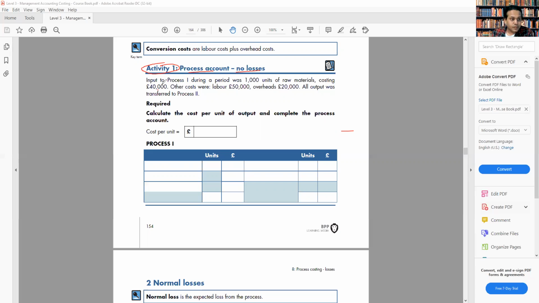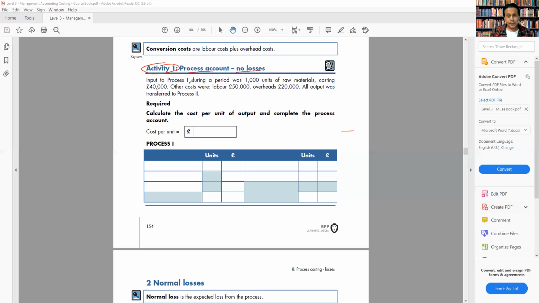The question says input to process 1. Now, process 1 means step 1. One product could take a few steps to complete. For example, on the first machine, maybe I mix the bread. The next machine, the next process, we add water and eggs.